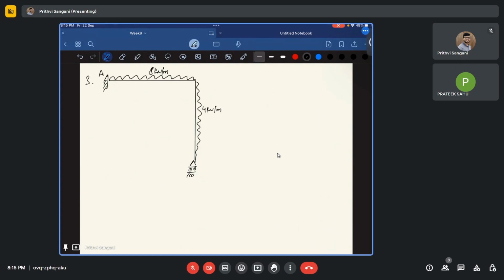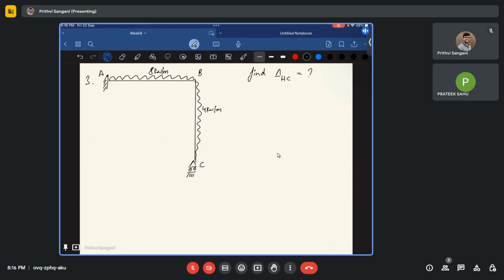This is A, B, C. If you have followed my previous sessions, I have solved the support reactions for this same question. But in this question, what I am asking you is to find the horizontal displacement at C, delta HC.